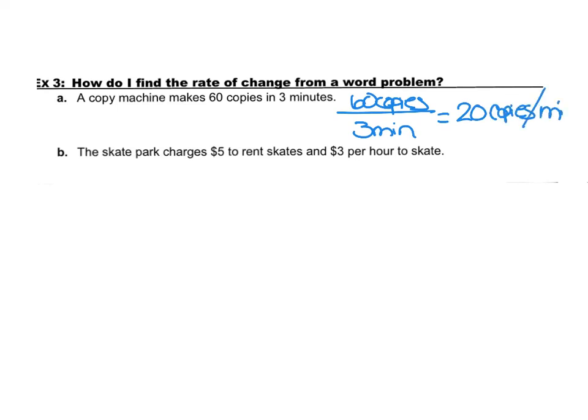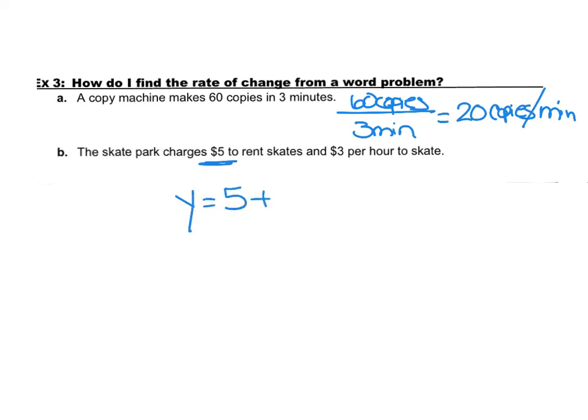per minute. And in this last one, it says a skate park charges $5 to rent skates and $3 per hour to skate. So this is different than the first one, where we had to find the rate of change. Let's think about what this would look like as an equation. You're going to pay $5 to rent the skates, so you're going to pay that one time.